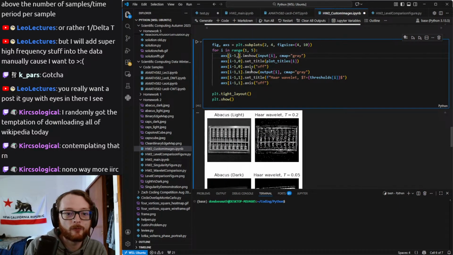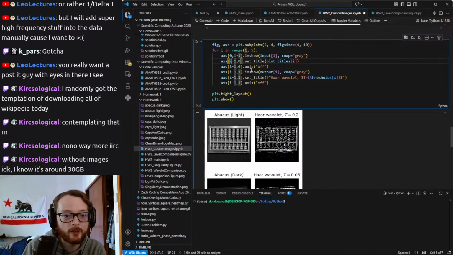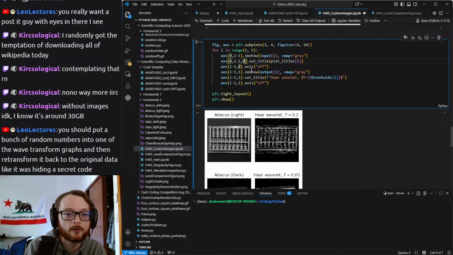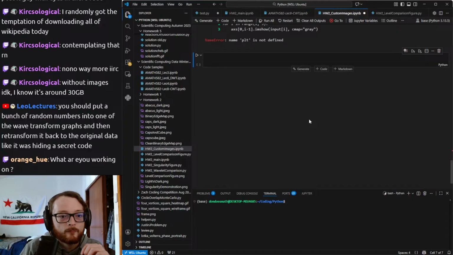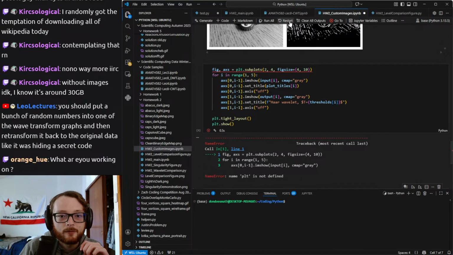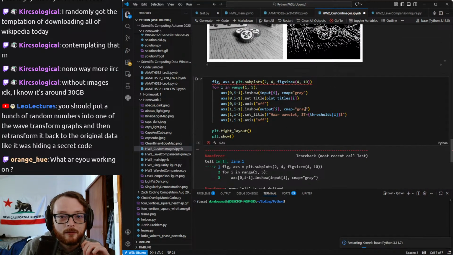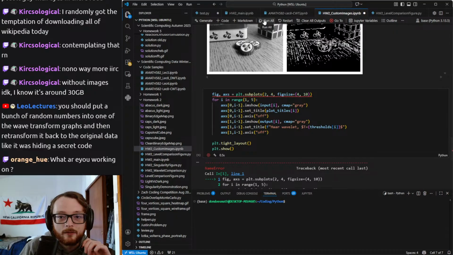Okay, let's just reverse these indices and see how it comes out. I don't know if vertical is going to look good, but let's just see. Frickin' notebook.